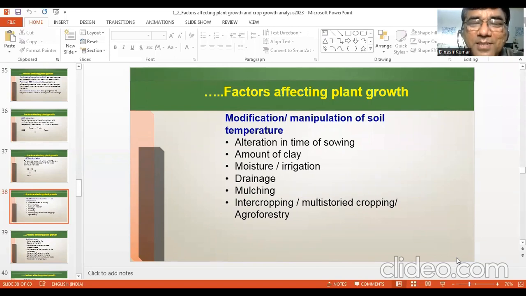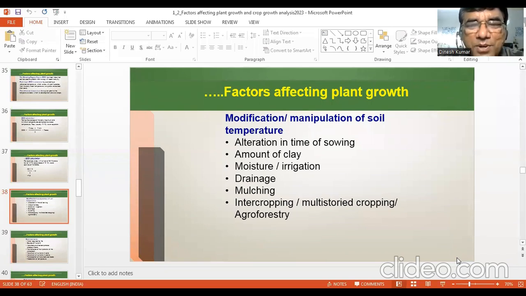So in both cases, this water is good for the plant because it modifies the temperature. Drainage also: sometimes during daytime you get very extremes of temperature, so drainage can be done during daytime, and in the night you can put the water back. So this drainage practice can also modify temperature.